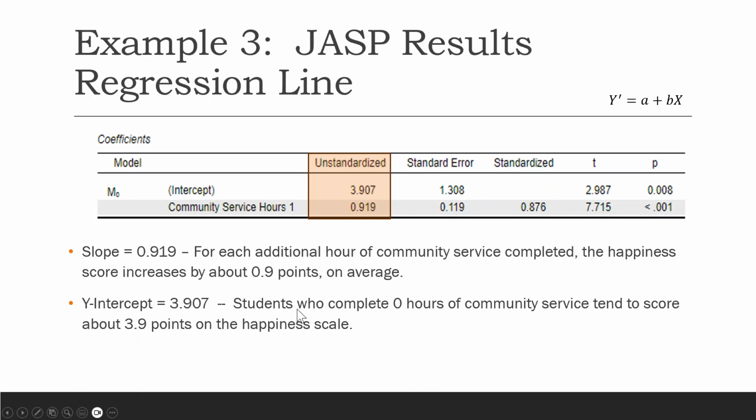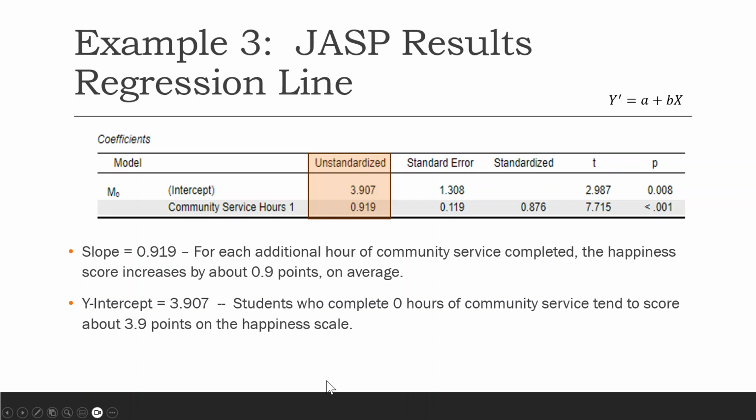So it says students who complete 0 hours of community service tend to score about 3.9 points on the happiness scale, or whatever assessment is used to measure happiness. I just called it happiness scale here. But that's 3.9. I rounded that to 3.9. So that is our slope and our y-intercept. And there's an interpretation of both of those.